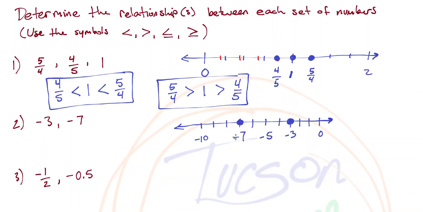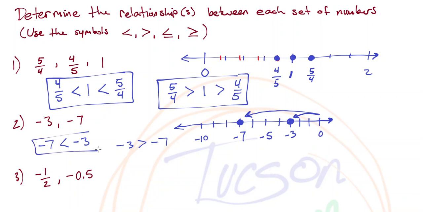So it's so tempting to say that -7 is bigger than -3 because it's further away from 0. That's what the 7 means. It's further away from 0 than 3 is, but because it's further to the left, we say that -7 is less than -3. Or again, we could have said -3 is greater than -7.